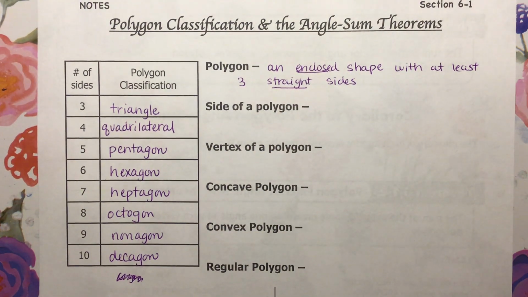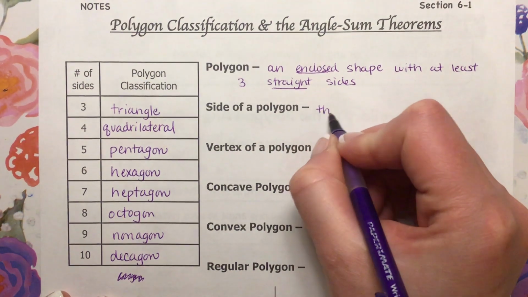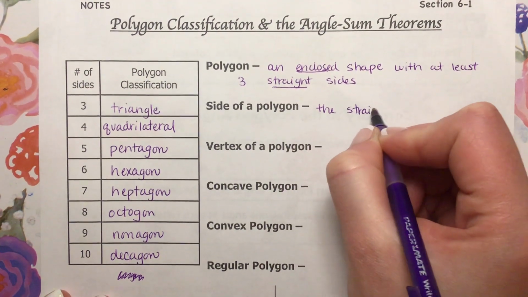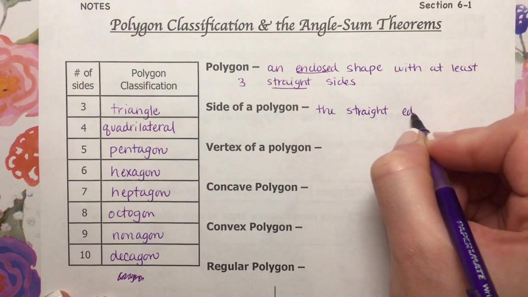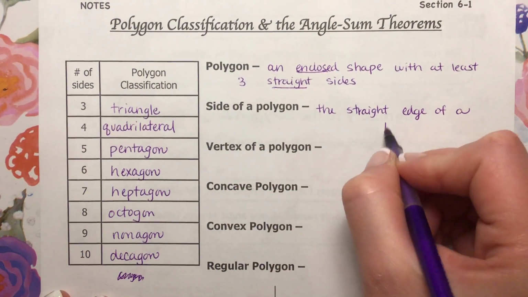A line is not an enclosed space, so we're not going to consider that a polygon. Now, there are parts of polygons as well. The side of a polygon is going to be the straight edge of a polygon.